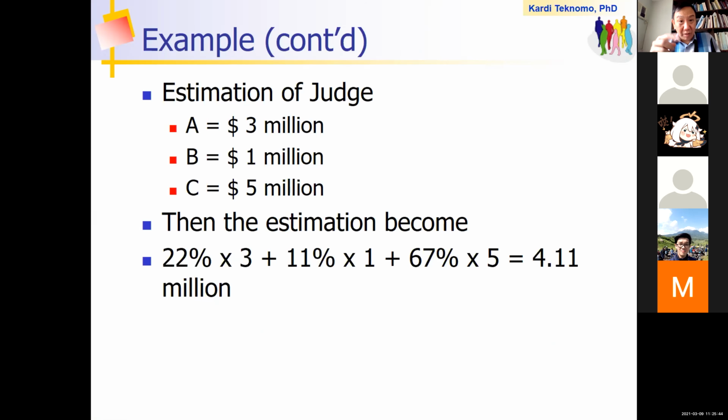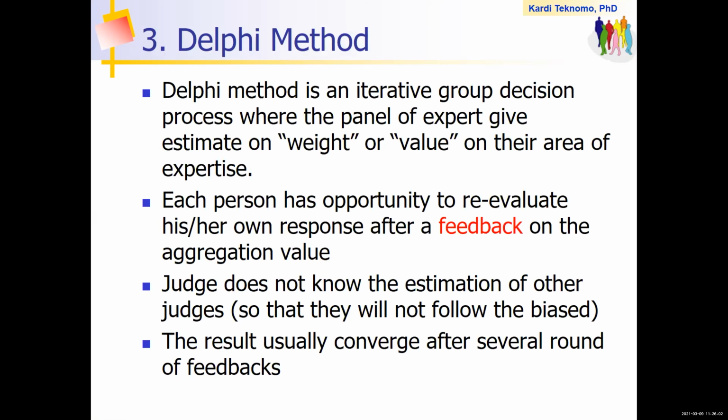Okay, here it is. Delphi method is an iterative group decision process where you, as the panel of experts, will give certain weight or certain value in your area of expertise. The technique is called feedback system. Each person will have opportunity to reevaluate their decision after a certain feedback on the aggregated value.